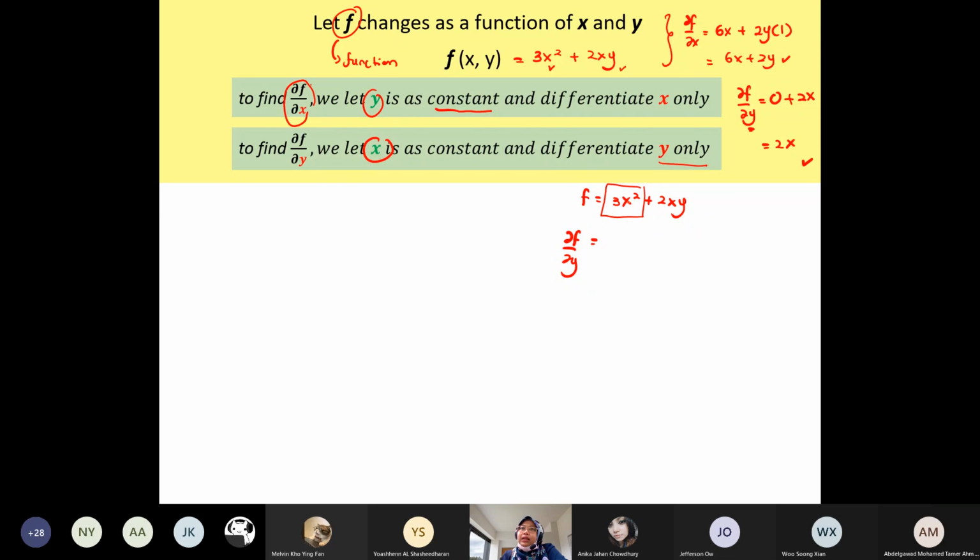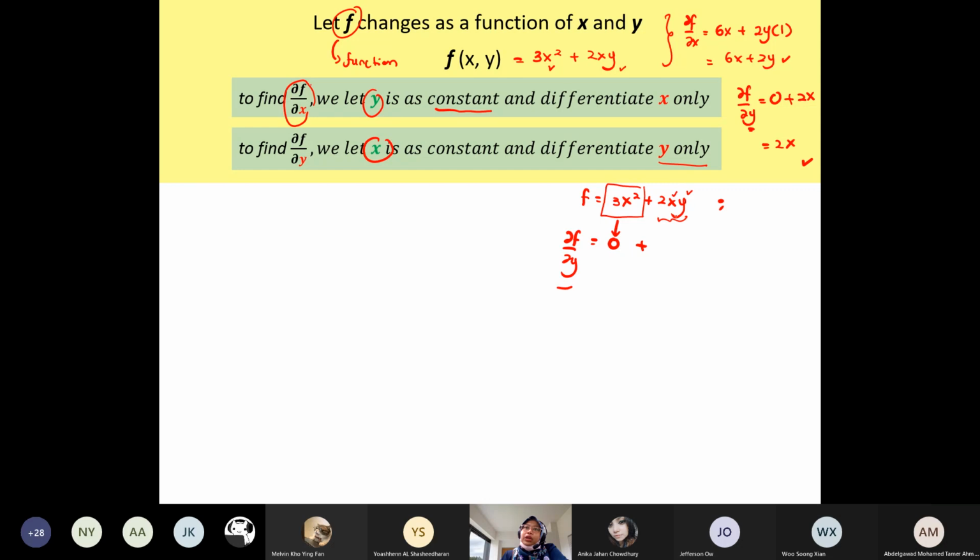Let's say x here you substitute with 2. So now you say x is equal to 2, because 2 here is a constant. So it becomes 3 times 4 is 12. When you differentiate 12, it is equivalent to 0 because 12 is a constant value. That's why here it becomes 0. But for the second term, you have x and y, and you want to differentiate this function with respect to y.